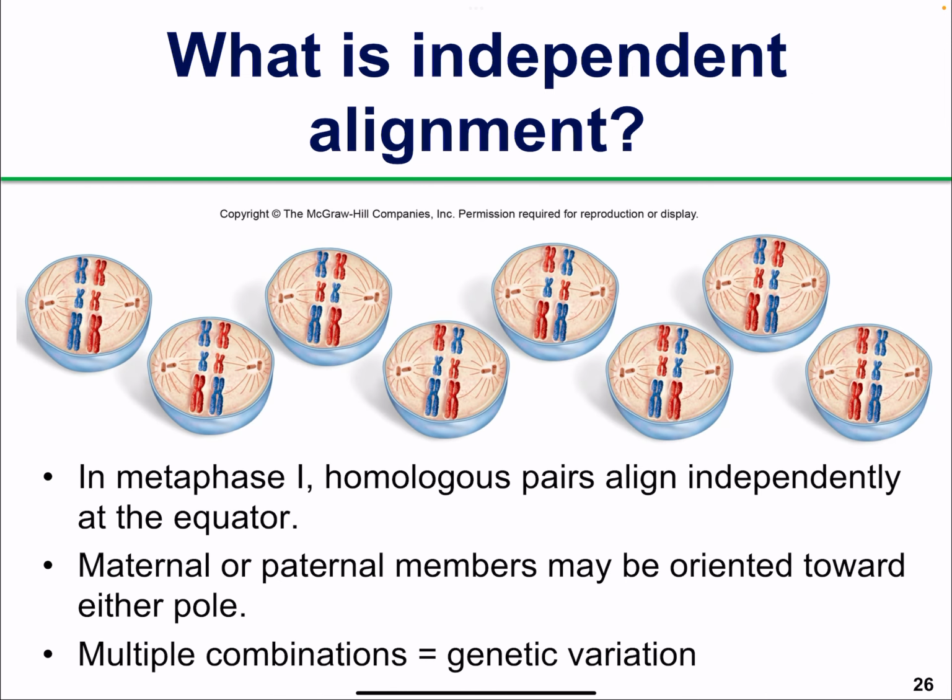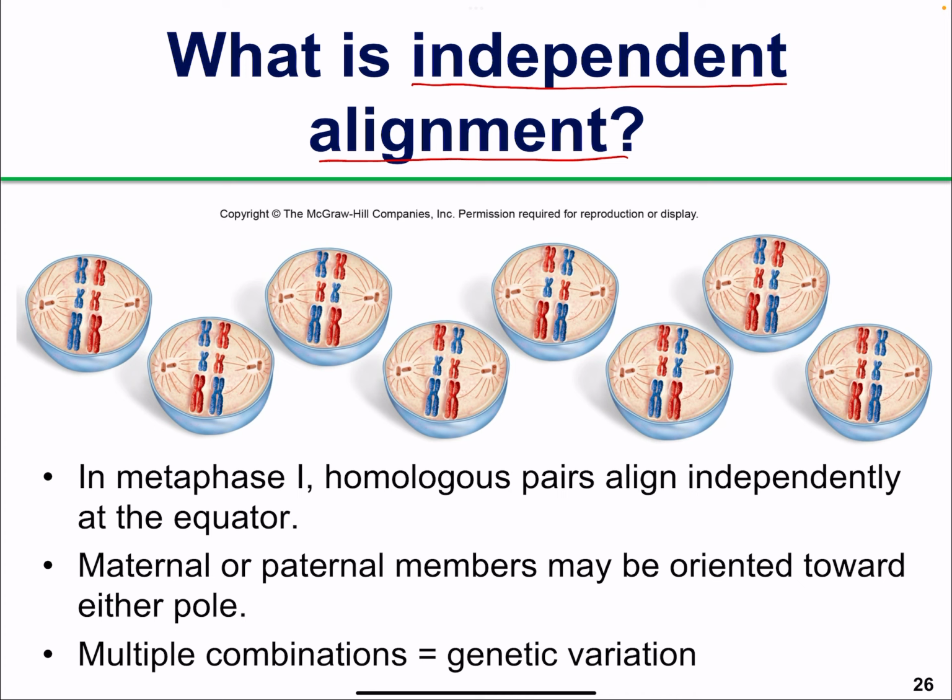Now, beyond crossing over, the metaphase is also bringing a level of genetic variation through a process that we call independent alignment.